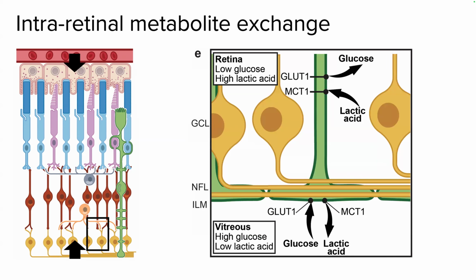So what we suggest as a mechanism for distributing glucose and lactic acid is that these transporters in the end feet of these glial cells could take up glucose and release lactic acid, and then distribute it to those retinal neurons that need glucose and need to get rid of lactic acid, simply driven by glucose and lactic acid gradients between the retinal neurons and the vitreous of the eye.